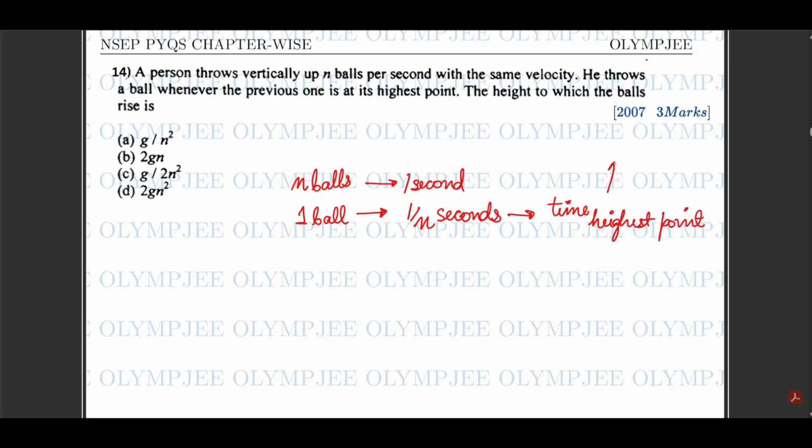Which means that velocity will become 0 after 1 by n seconds.